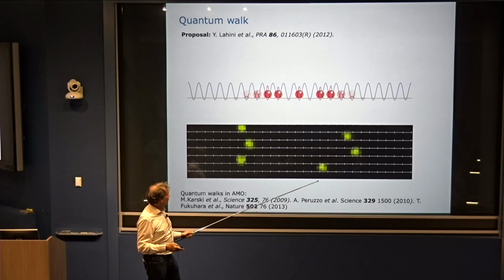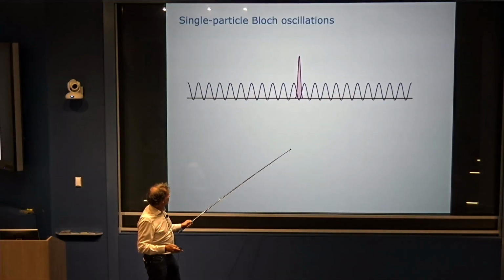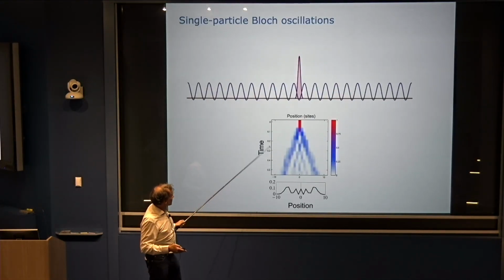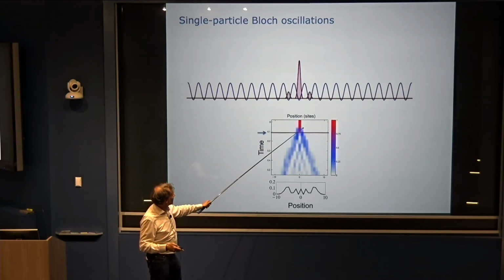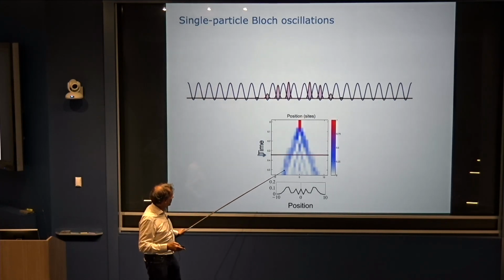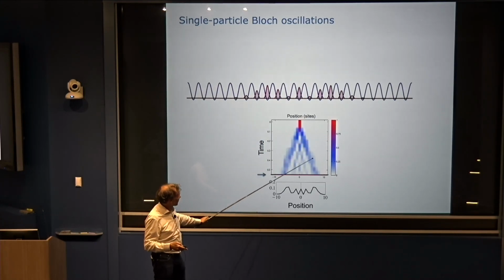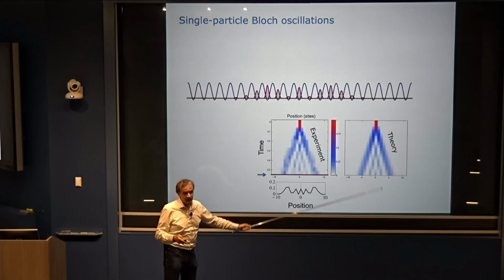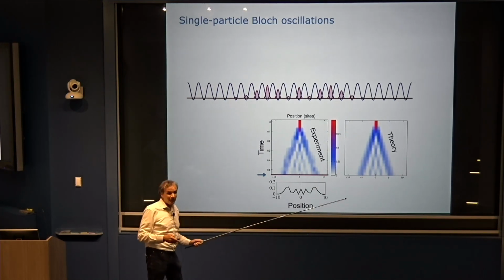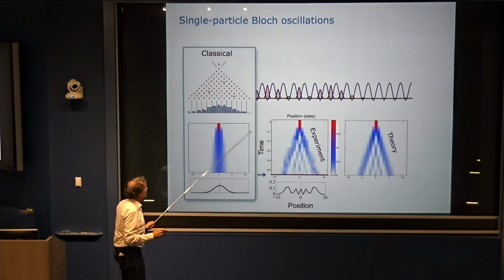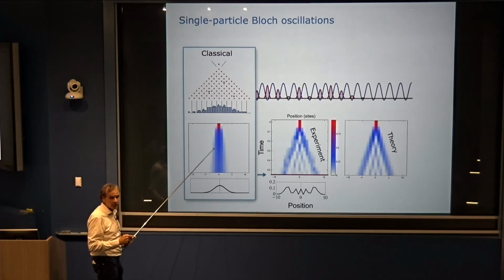And if I do the statistics of that and measure that, so this is position versus time, I see that the wave function spreads out like this. And in particular, the atoms move ballistically here. The position is just proportional to the time, which is exactly what you would calculate, but which is very, very different from what you get in a classical diffusion.